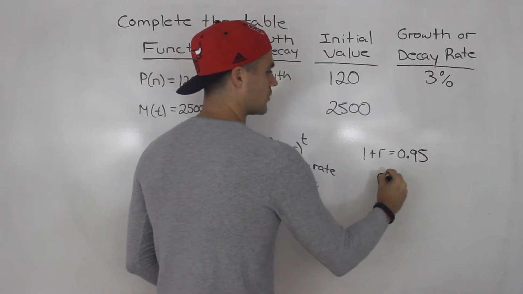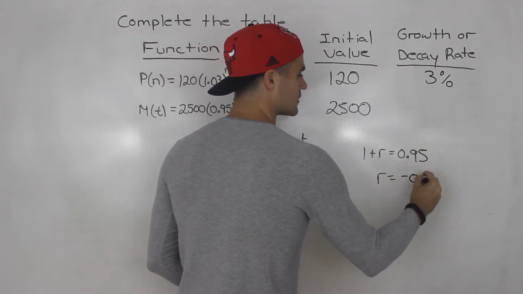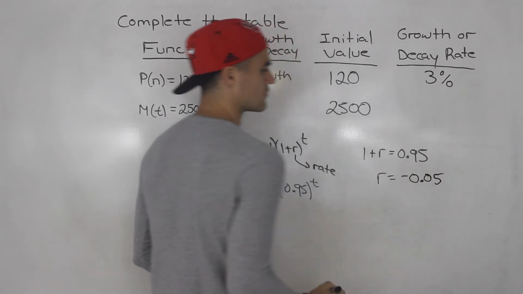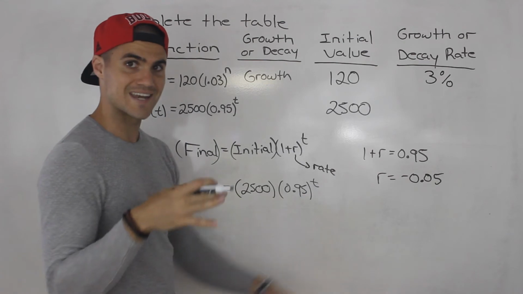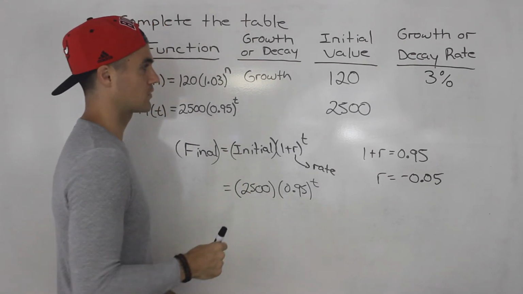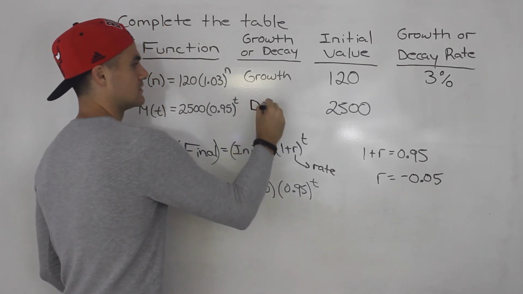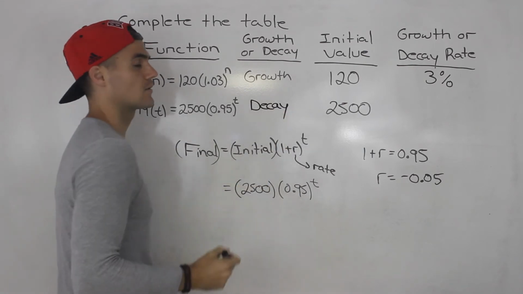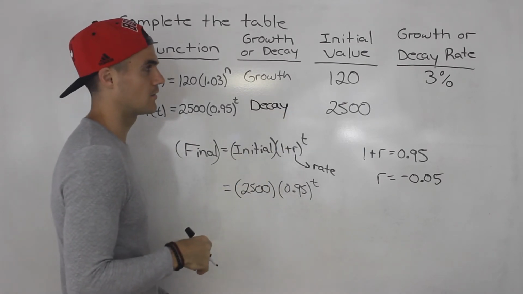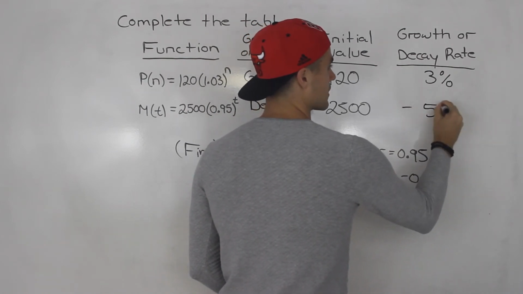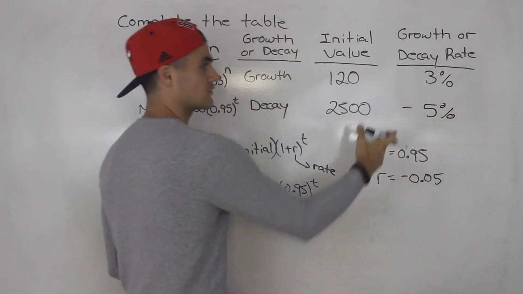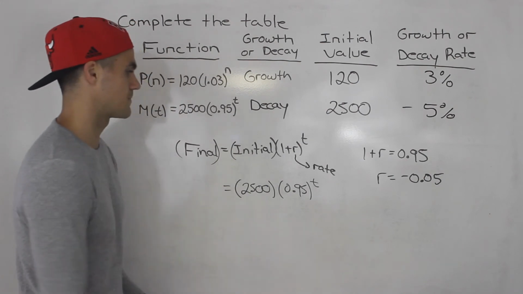Bring the 1 over, we'll have r is equal to negative 0.05. So from here, because that r we solve for is negative, we know that we're dealing with a decaying scenario or a depreciation scenario. And the decay rate is going to be negative 5%, right? If we multiply this by 100 to convert it to percentages.